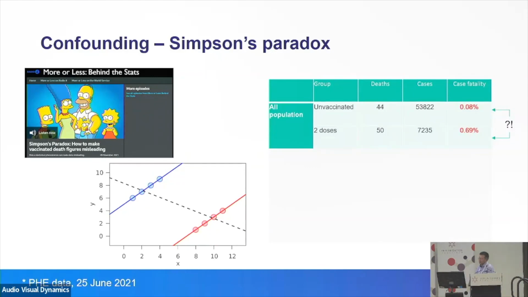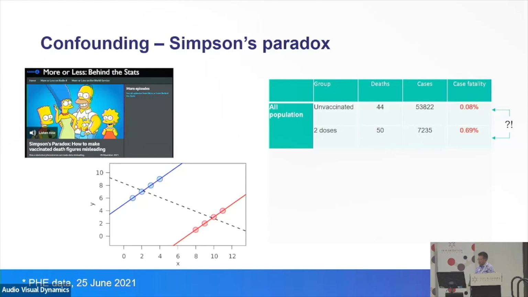If you look at the unvaccinated, this was in June of 2021 as the vaccine programs were rolling out. The mortality ratio in unvaccinated people was quite low, and in those who were vaccinated was much higher. So that made it look like vaccination made mortality higher.